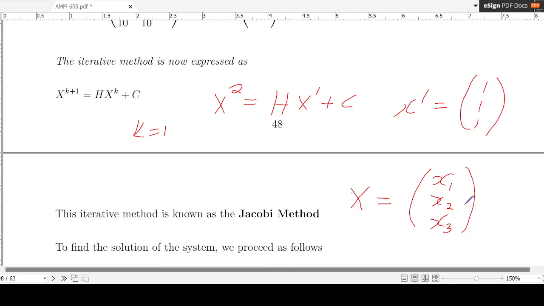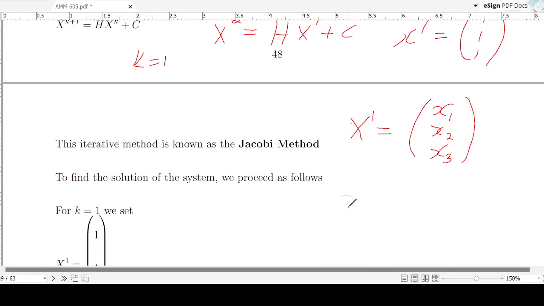In this case, we shall write x^(1) like that, meaning this is the first approximation. So that when we go to the second approximation, we shall write x^(2). This is the second approximation, which again will take the form x1, x2, x3. So the superscript will be used for the first approximation, second, third, fourth, and so on.